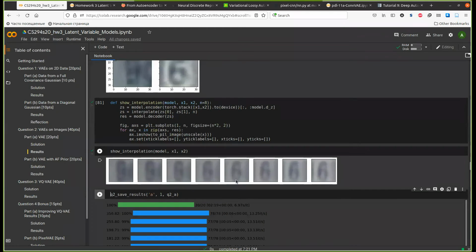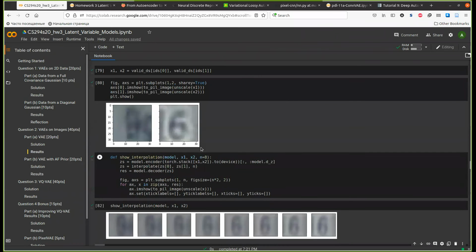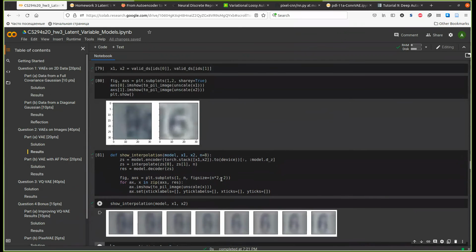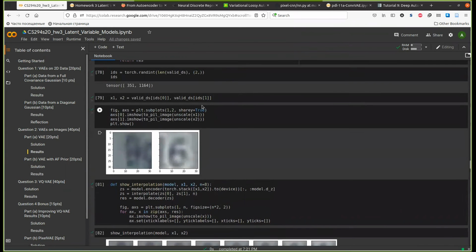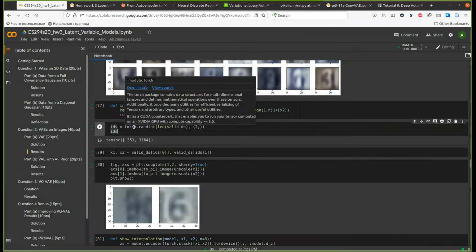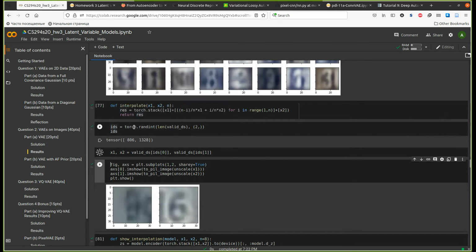It shouldn't be like a linear interpolation in the data space. The linear interpolation in a latent space is supposed to produce valid data points at each of the linear examples.